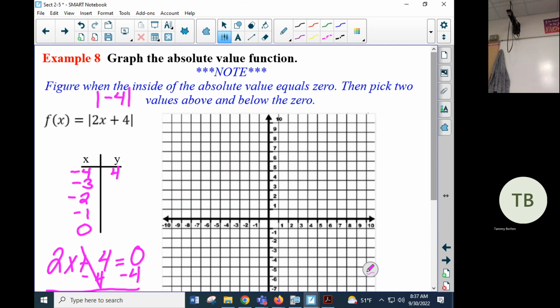If I put -3 in there, I'd go 2 times the -3, which is -6. -6 plus 4 is -2. What is the absolute value of -2? The +2. When I put -2 in there, 2 times the -2 is -4, plus 4 is 0. Absolute value of 0 is 0.